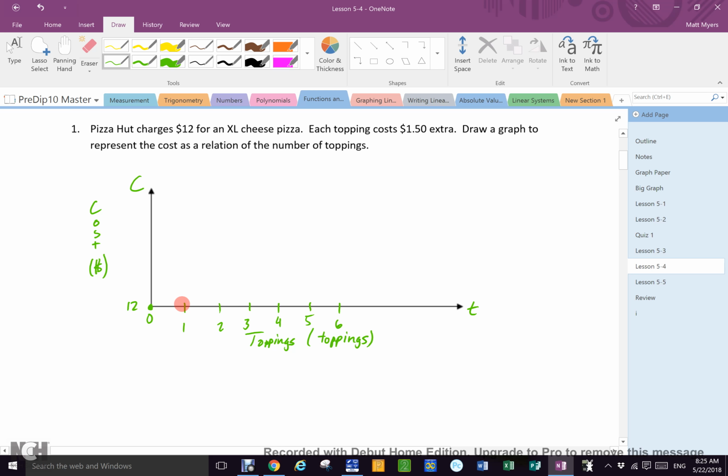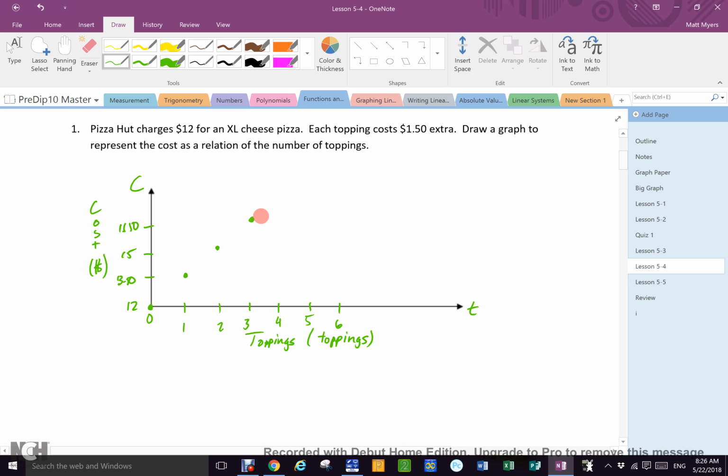What's the next output? $13.50. So my first dot goes there. My next dot, $15. My next dot, $16.50. And I'm going to stop there because I'm out of room on my graph.